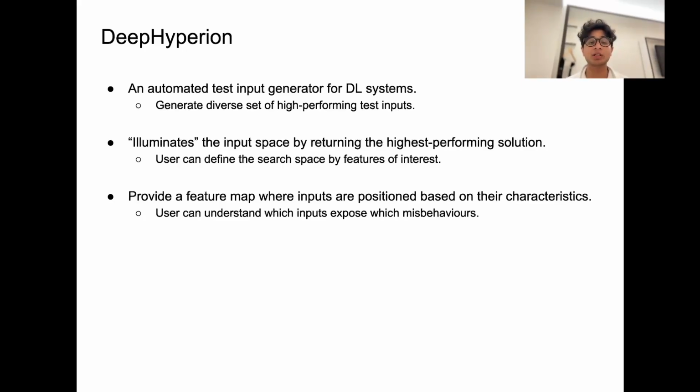Deep Hyperion illuminates the input space by returning the highest performing solutions, and the user is able to define what search space they want. Deep Hyperion then finally provides a feature map where inputs are positioned based on their characteristics, so the user can understand which inputs expose which misbehaviors.